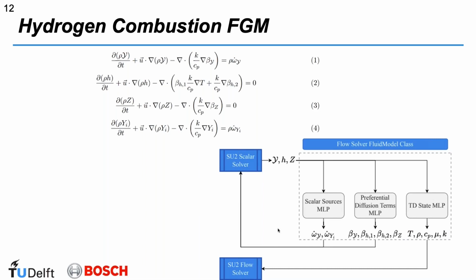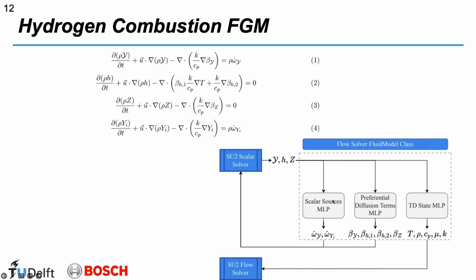just to show the solution process a bit on this Combustion FGM solver. Right there we have the governing scalar equations that are solved by SU2 throughout the domain. And here we have the fluid model structure for the flamelet solver. During every iteration, SU2 gives the progress variable, enthalpy and mixture fraction to the fluid model.